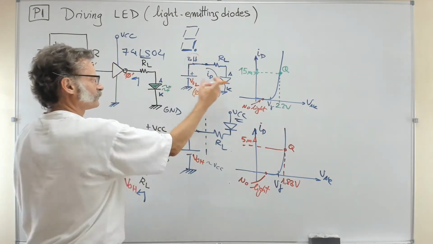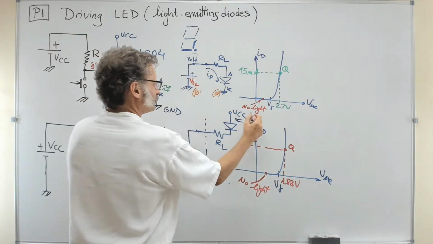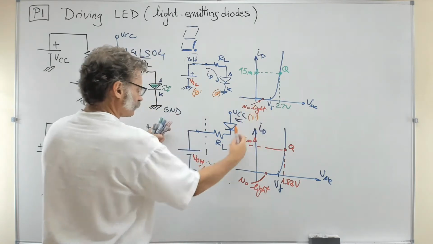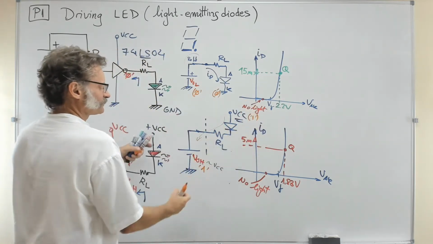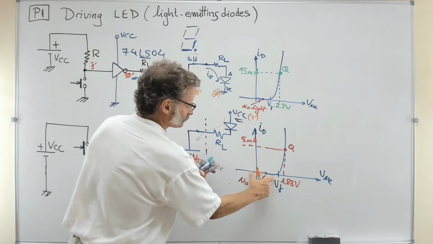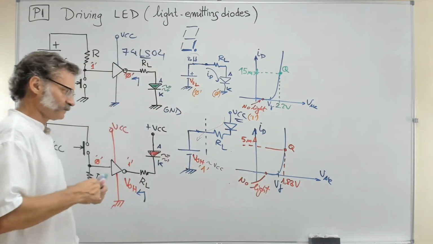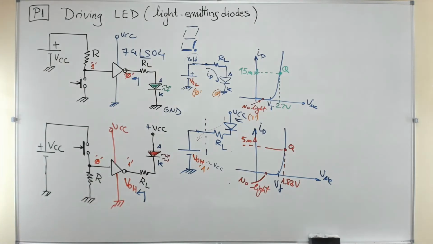And here the same thing, you have 1 and 1, so there is no current flow, the current is very low, you are in this zone of no conduction, so the diode is blocked and is not generating any kind of light.